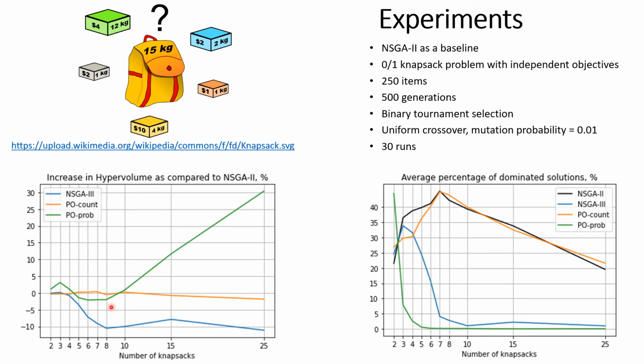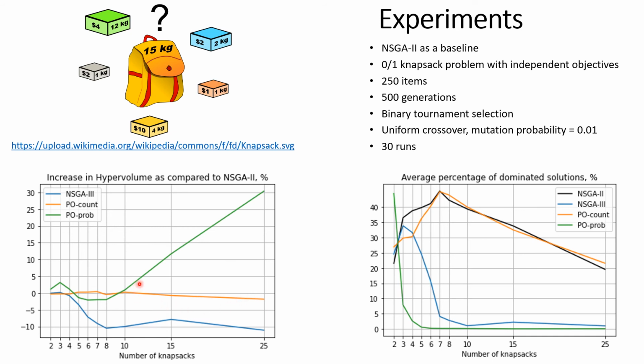The figure on the left demonstrates the relative increase in hypervolume as compared to an SGA2 in %. We can see that the line corresponding to an SGA3 is mostly below 0, indicating the worst performance. The line corresponding to PO count is very close to 0, thus indicating that its performance is very close to that of an SGA2.